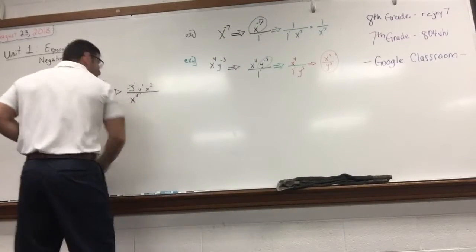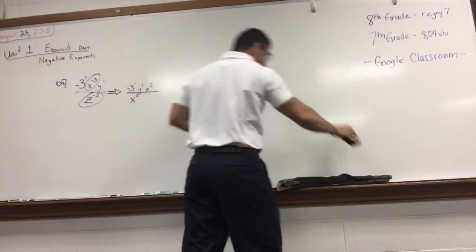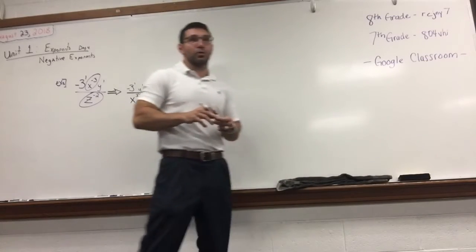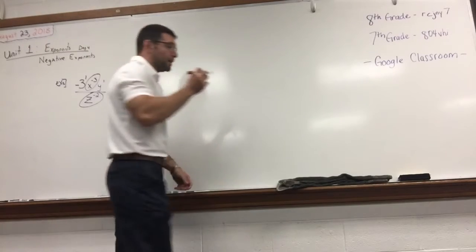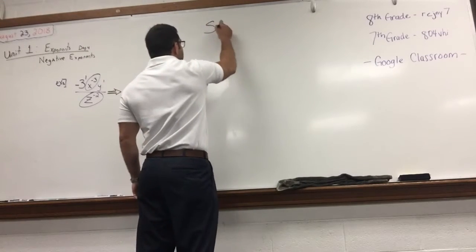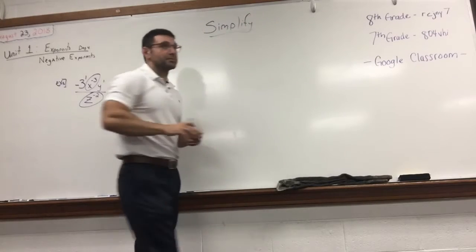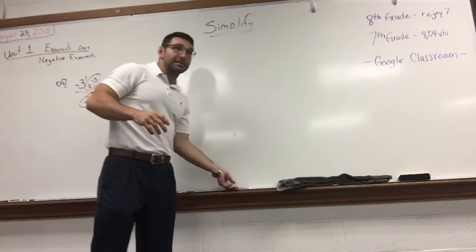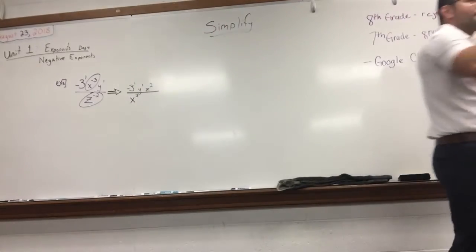So, this is a problem that you may see down the road. Because remember, this is not on the quiz tomorrow. But, Maddie, have you seen the word simplify before? Yes. That means we can only have one set of x's.